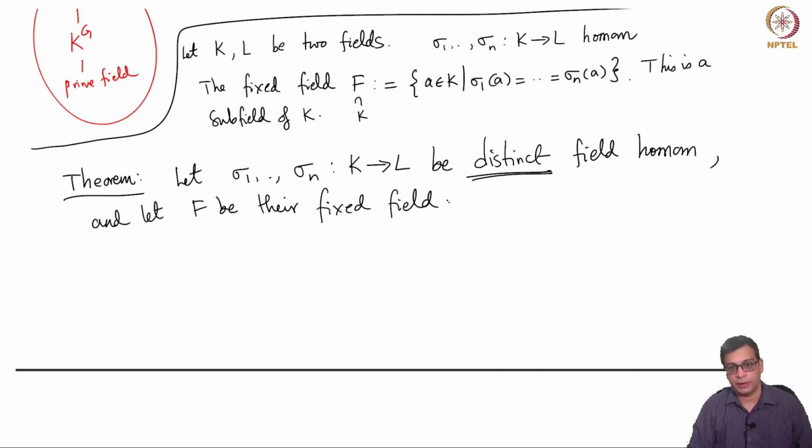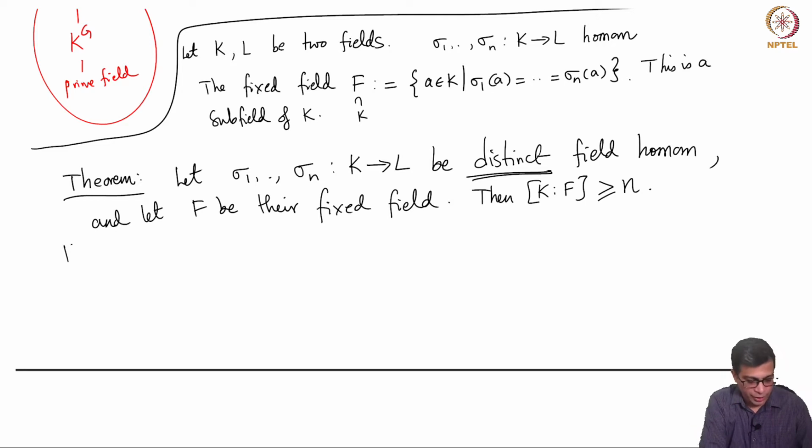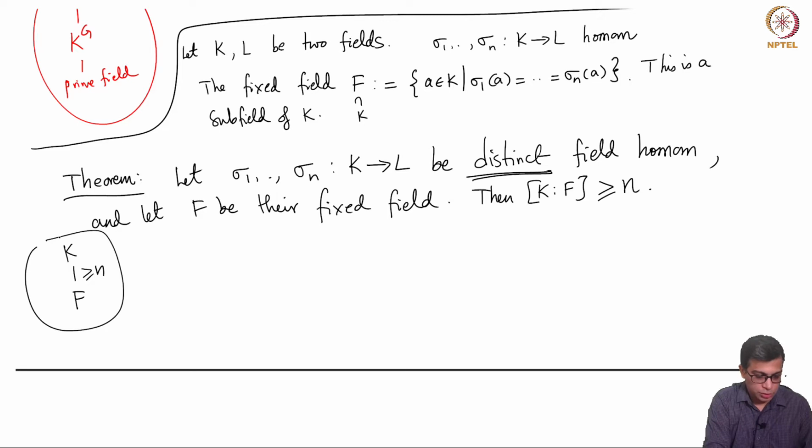So now the conclusion of the theorem is that the index of K over F is at least n. Very simple statement. We have n distinct homomorphisms, and the degree of K over F is greater than or equal to n. So in general, this is what we can say.